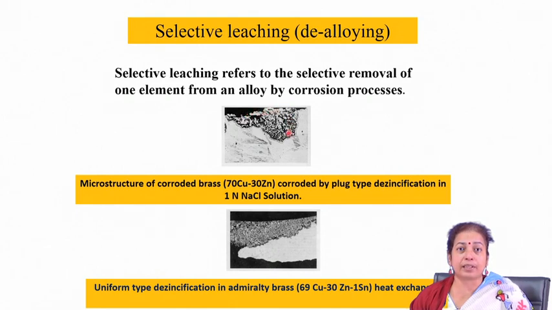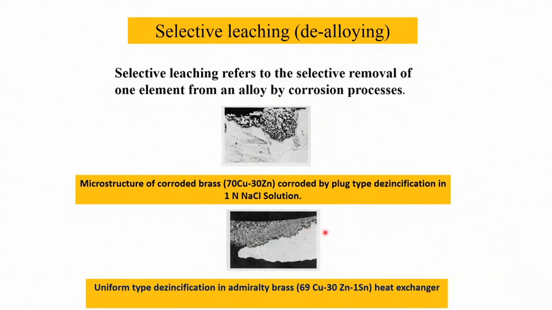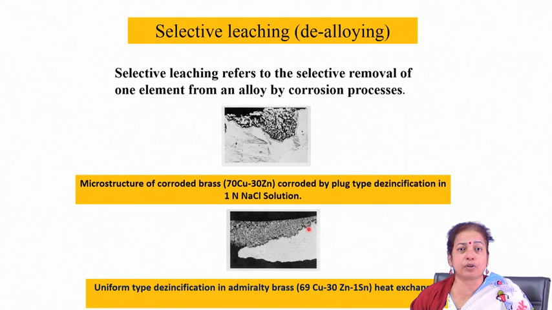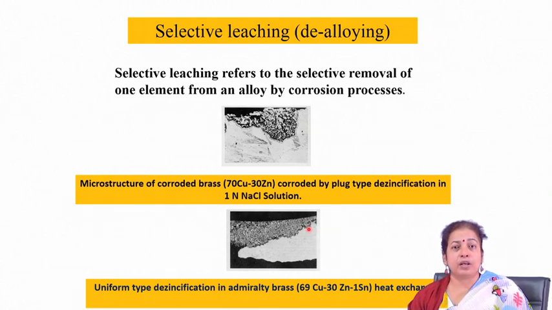Plug type de-alloying, or selective leaching, looks like plugs, and is usually observed in acidic solution. But when the pH level is a little higher, you find another kind called uniform leaching. Here the leaching is more or less the same all throughout the surface, with no preferential plug-like appearance. You call it uniform dezincification, or uniform leaching.